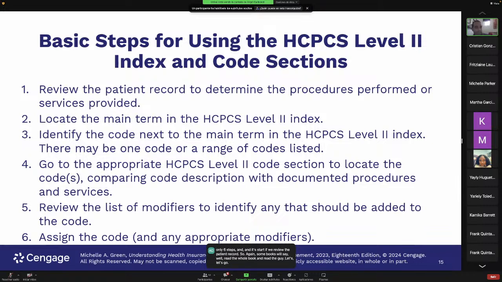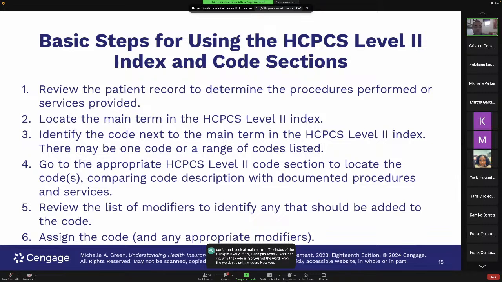No, let's go. Review the patient record, check the procedure that is performed or the service that is performed, look that main term in the index of the HCPCS level 2, if it's HCPCS level 2, and then see what the code is. So you get the word, from the word, you get the code.